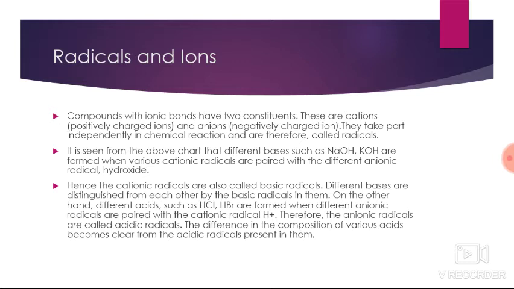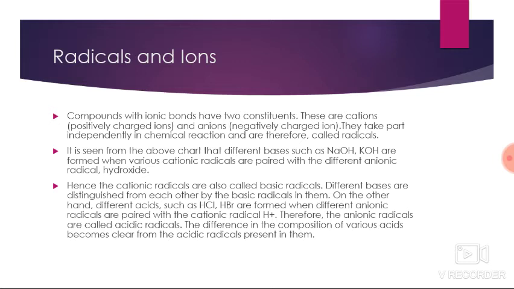Different bases are distinguished from each other by the basic radicals in them. On the other hand, different acids such as hydrochloric acid and HBr are formed when different anionic radicals are paired with the cationic radical H+. Therefore, the anionic radicals are called acidic radicals.